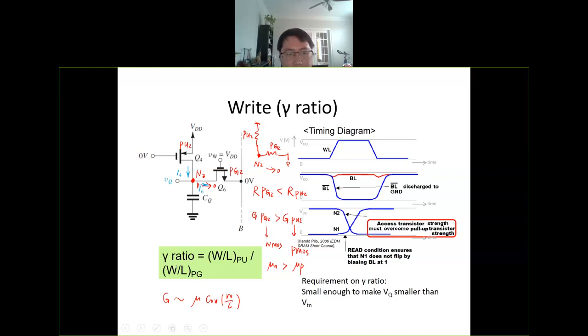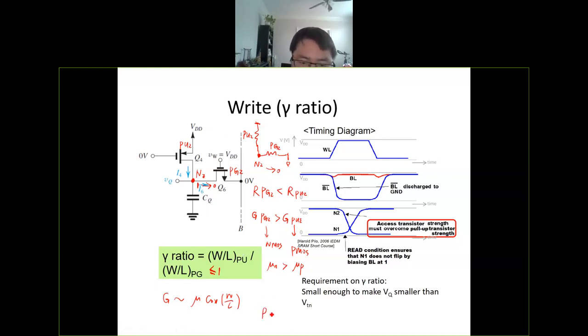So we define this gamma ratio as the ratio of the W over L. Even if they are at 1, this should actually be, let's say, less than or equal to 1. Even if they are the same, because the NMOS mobility is larger than the PMOS, you can still make the pass gate strong.